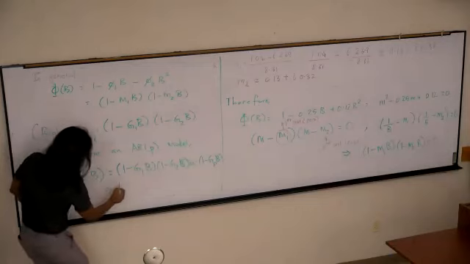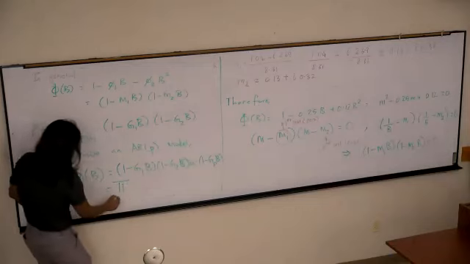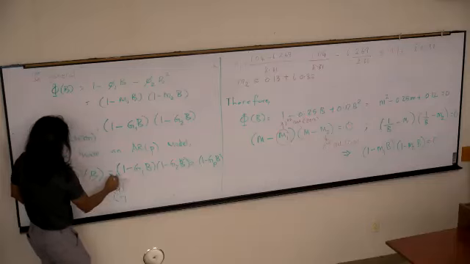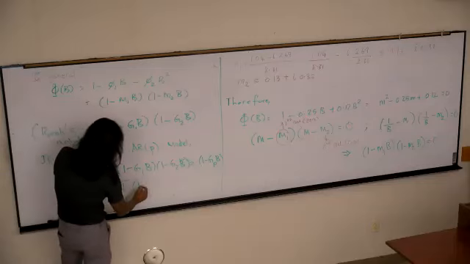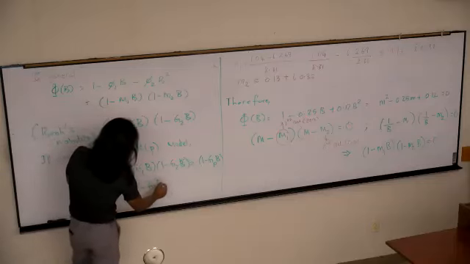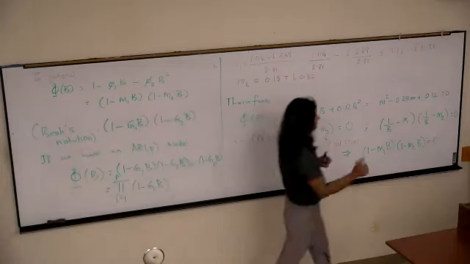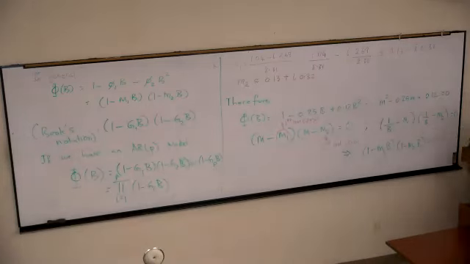I don't want to write that. So, uppercase pi, i from 1 to p, of 1 minus GiB. What does uppercase pi stand for? The product.